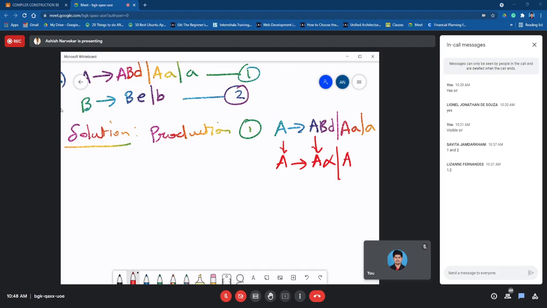That means this will become our A. So since there are more productions of the form A derives A alpha, we can call them A derives A alpha 1, A derives A alpha 2, and lastly what we get over here is beta.